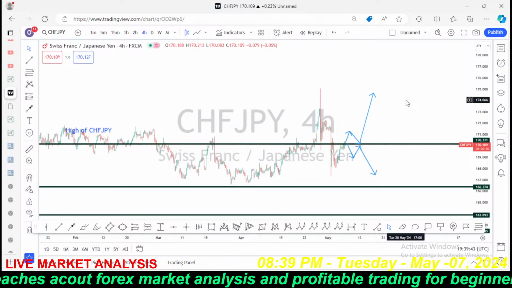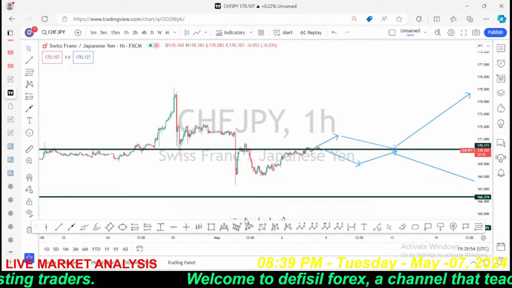However, let's go down to 1 hour and see the behaviors that the candlesticks around this area are exhibiting.